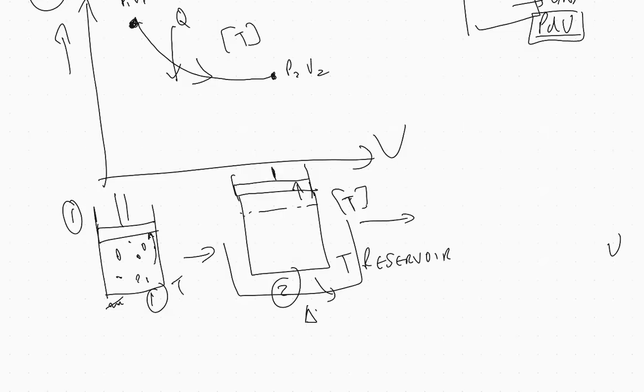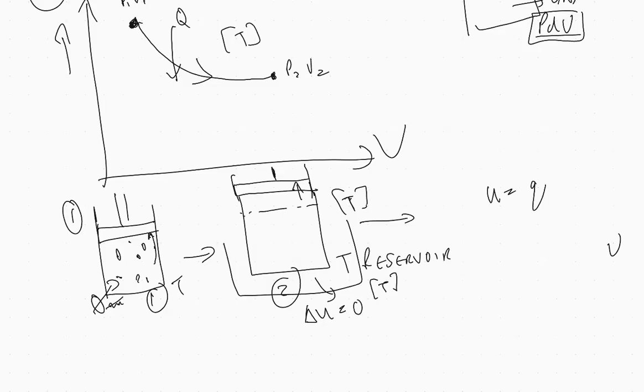Now when it is expanding, from this entire reservoir, the heat is going in. So when the heat is going in, Q is positive. Can you remember this U equation? Depending on what you're doing, here the gas is pushing.